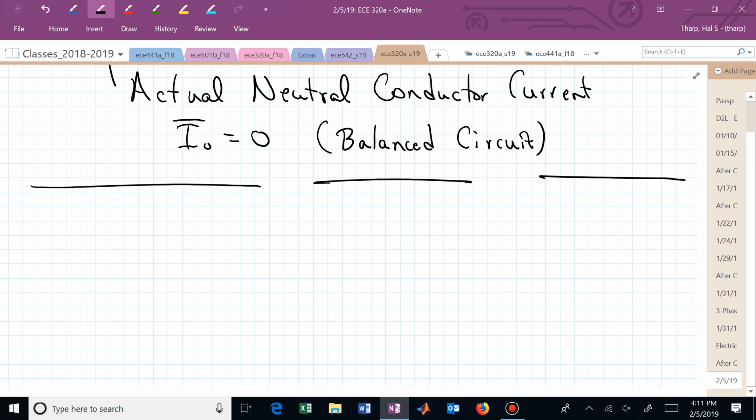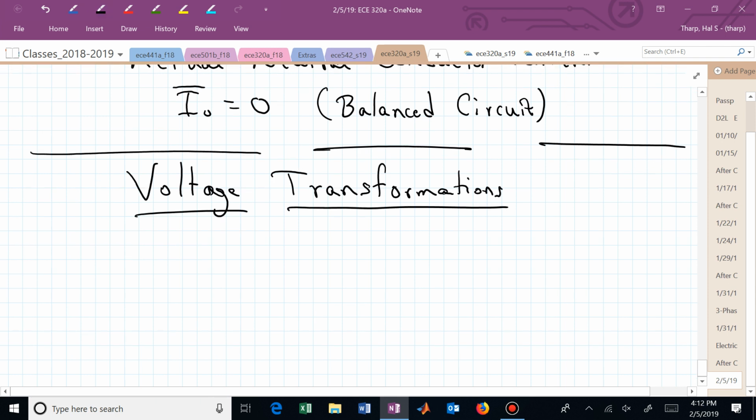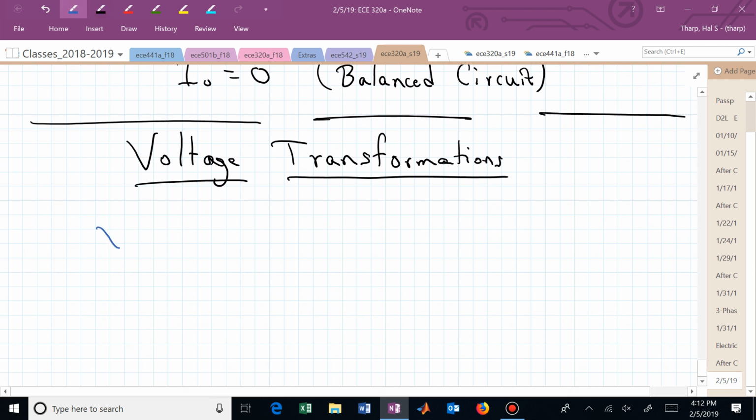Well, let's figure that out, based on knowing the phase voltage at the load for this particular circuit. Let's now look at doing transformations between those voltages. And this really only makes sense if we have a Y configuration.